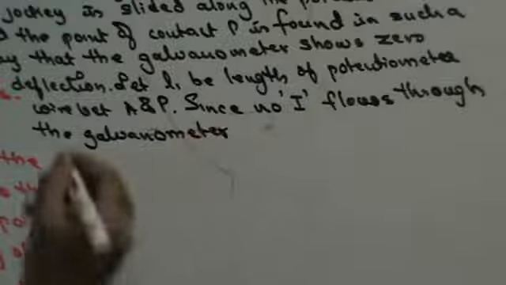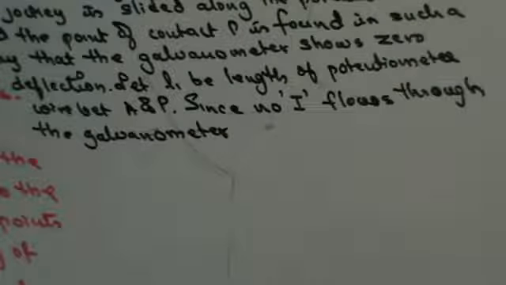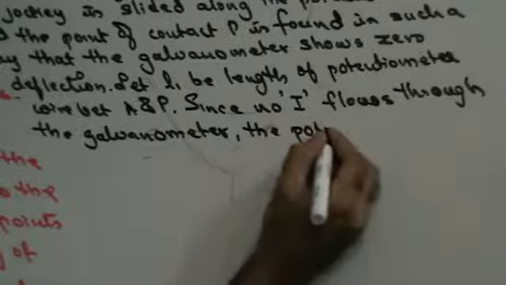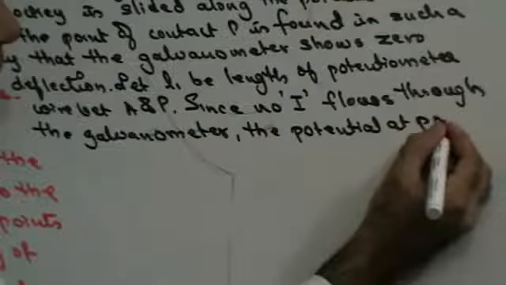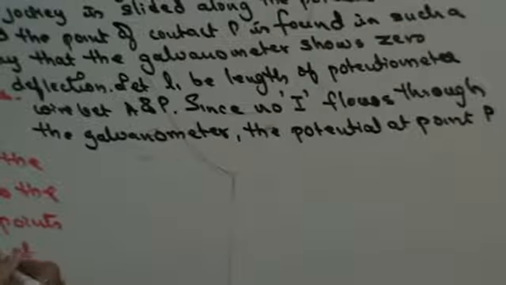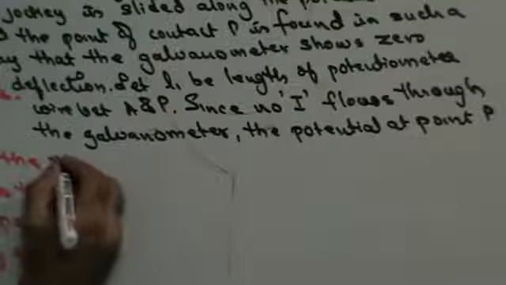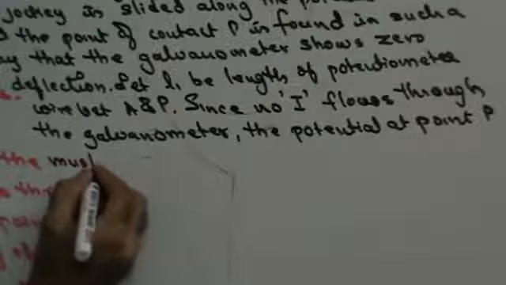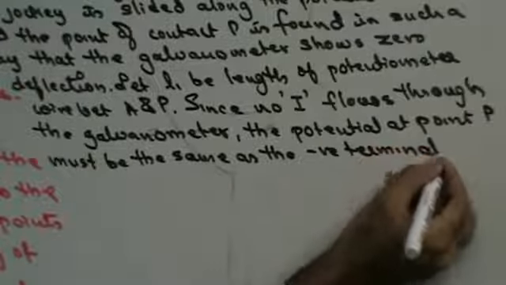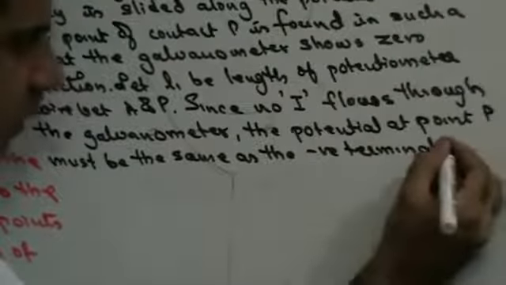So I can say since no current flows through the galvanometer, the potential at point P must be the same as the negative terminal of cell E1.